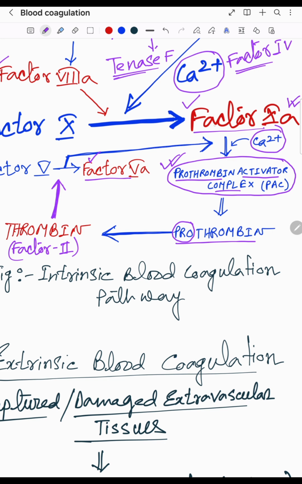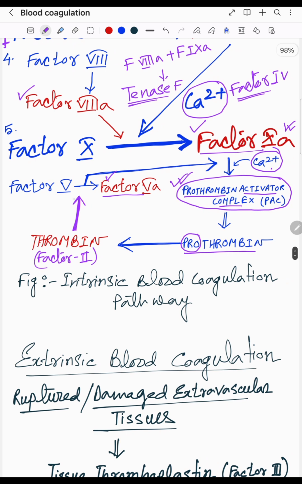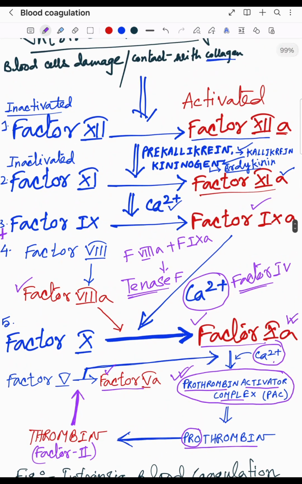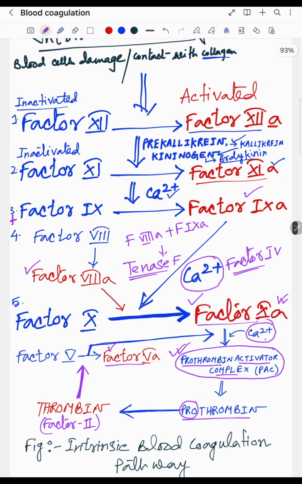Factor 5A and factor 10A, commonly in presence of calcium they will activate prothrombin activator complex for the activation of prothrombin to thrombin, and this thrombin helps in the conversion of factor 5 to 5A. And the interesting thing is that this thrombin also helps in the conversion of factor 8 to factor 8A. This is also thrombin.